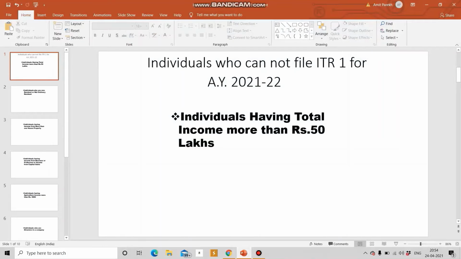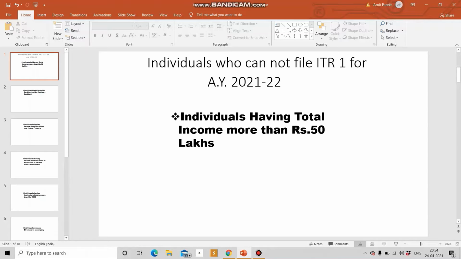So here we have individuals who cannot file ITR1 for AY 21-22. First point is individuals having total income more than 50 lakhs. Total income is the sum total of all income received by an individual from various sources: house property, salaries, capital gains, business or profession, other sources.